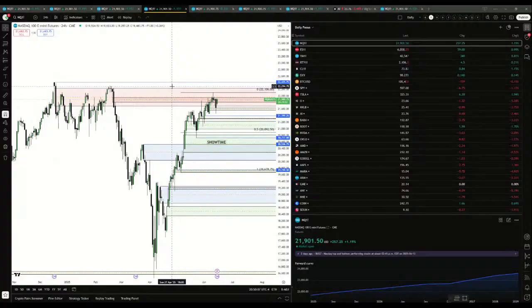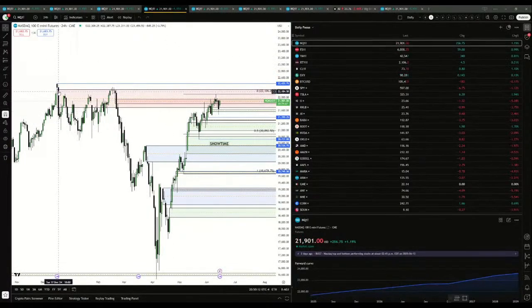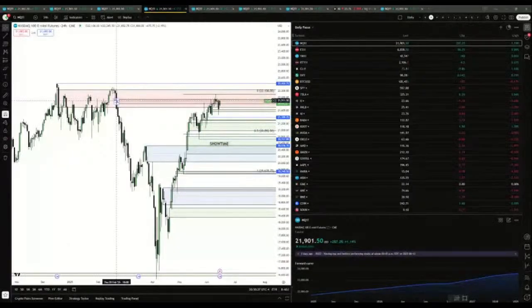But now look at the precision. It's kind of remarkable where you look at this imbalance that was formed all the way back in December, right? The move up prior to that February 17th downside. Look how perfect the candle bodies are respecting this imbalance here on a daily time frame. And then look at the next one that formed back here on February 20th.